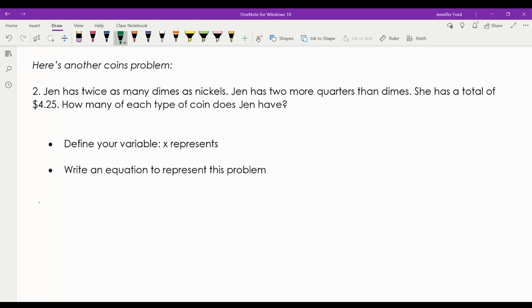So I have dimes. I'm going to do these in numerical order, I think. Nickels, dimes, and quarters. And this is going to be the number of coins.